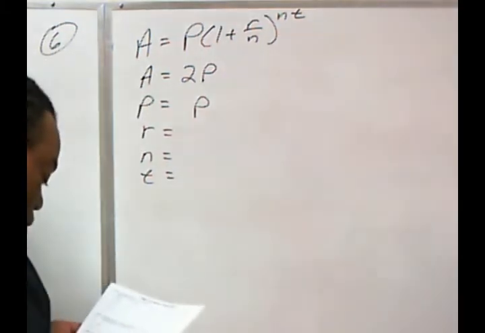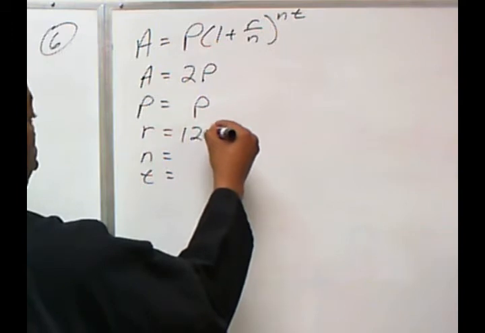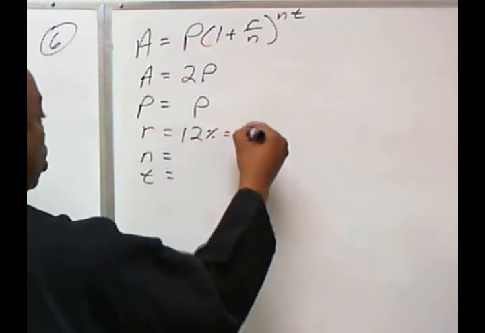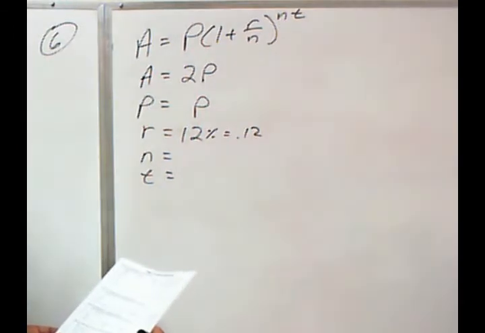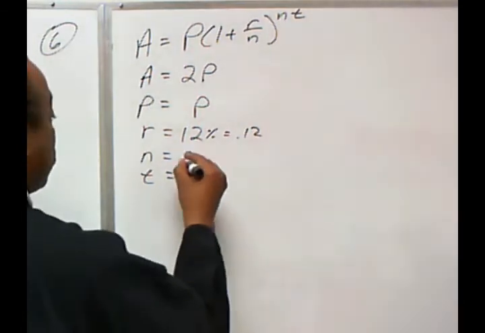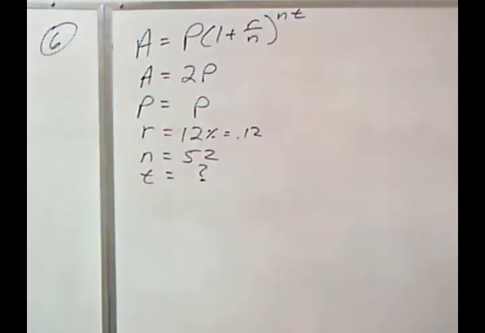The rate will be 12%, which is 0.12. Since we're compounding weekly, N will be 52. And we want to find the number of years that it takes to make this happen.